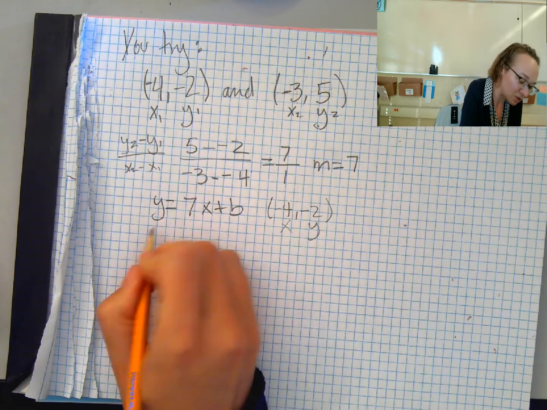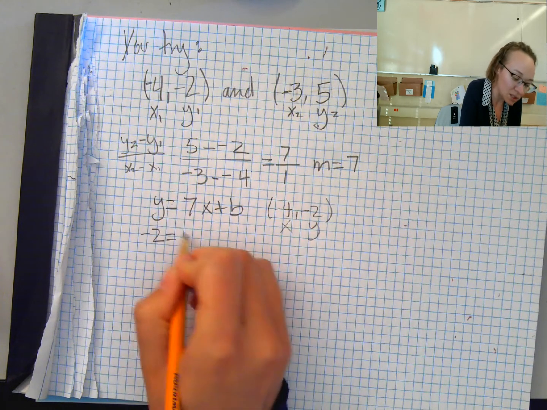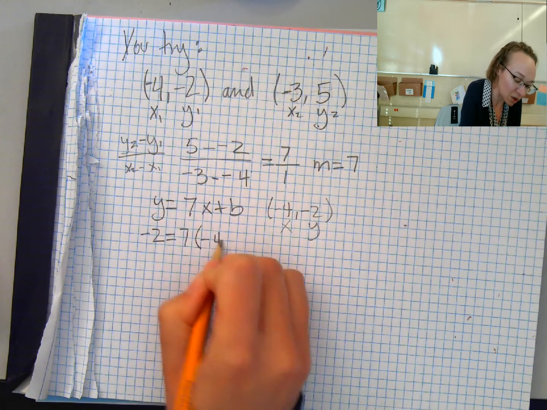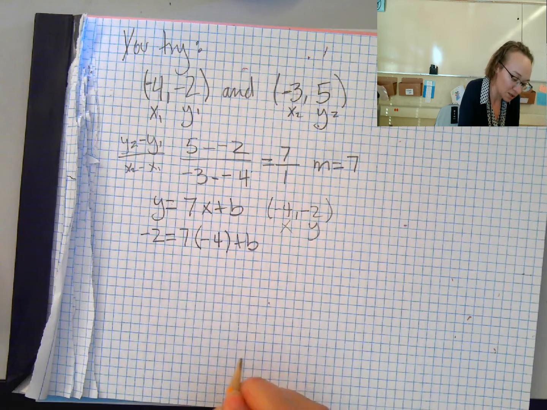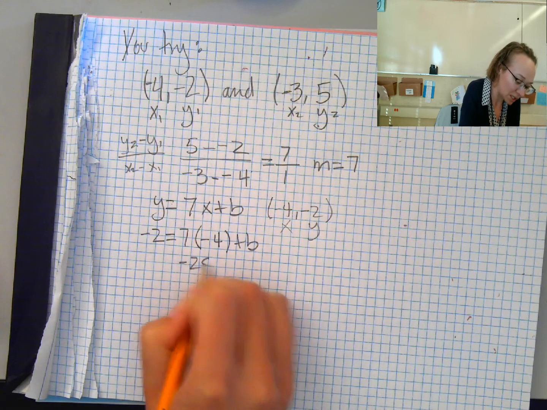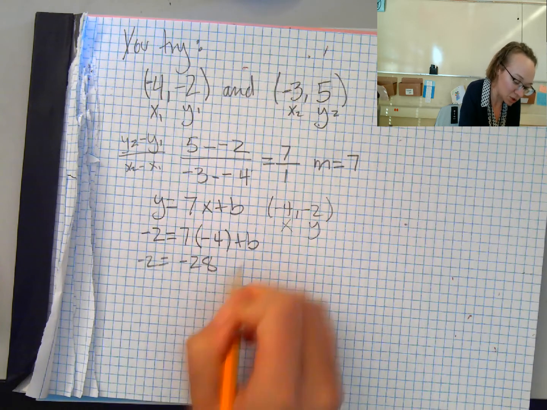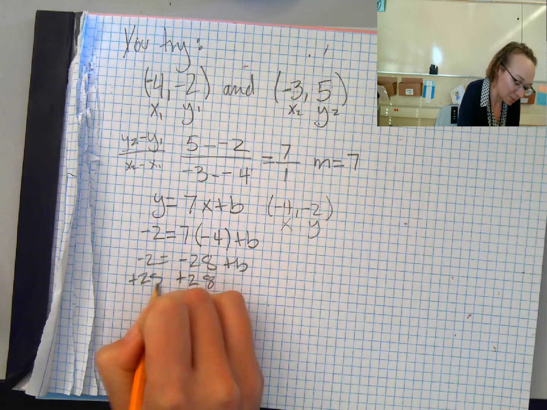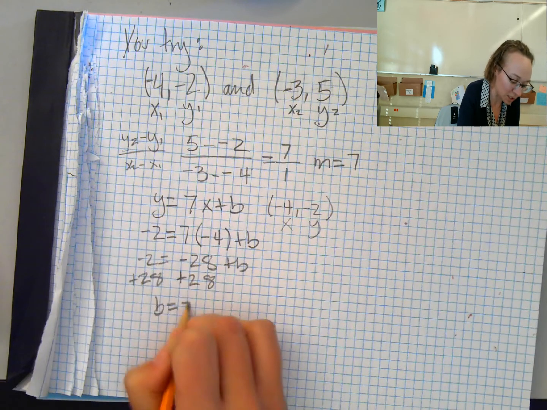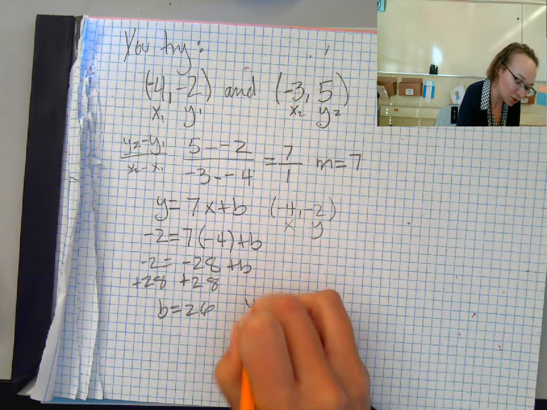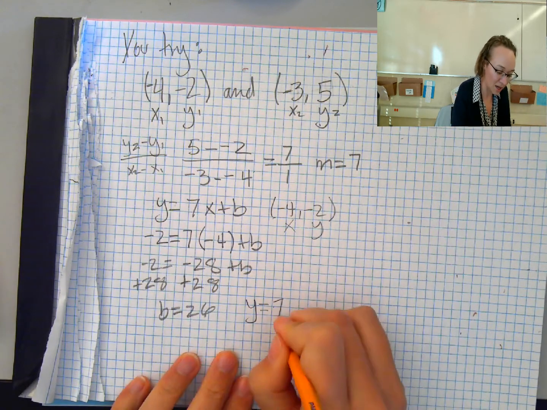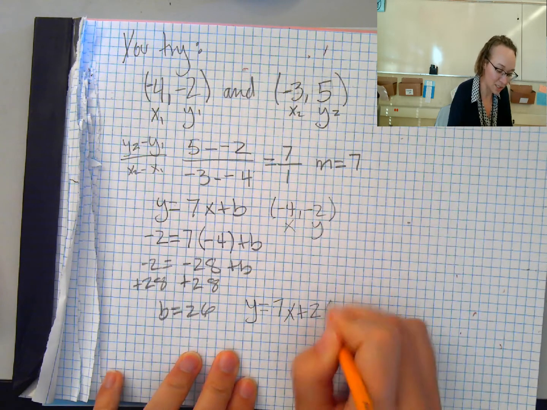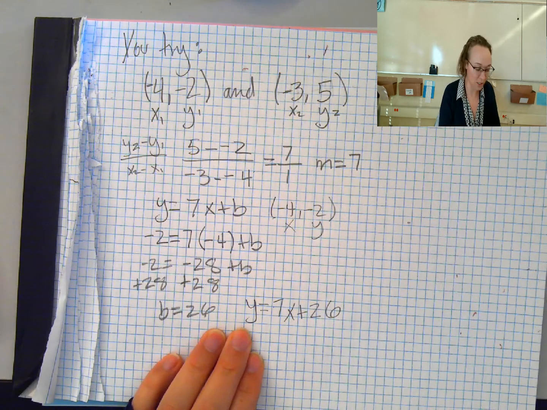So negative 2 equals 7 times negative 4 plus b. That gives me negative 2 equals negative 28 plus b, which means that b equals 26. So my rule is y equals 7x plus 26. I'm going to check it by plugging in my other point.